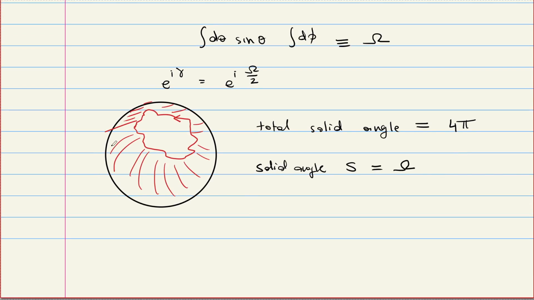And let's call this surface choice S prime. What is the solid angle for S prime in terms of 4 pi and omega? 4 pi minus omega, exactly.